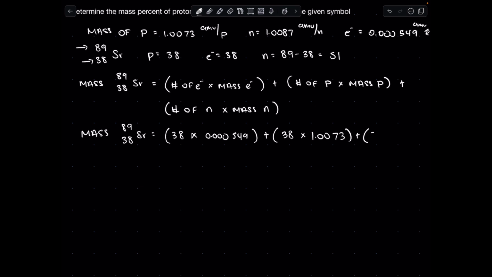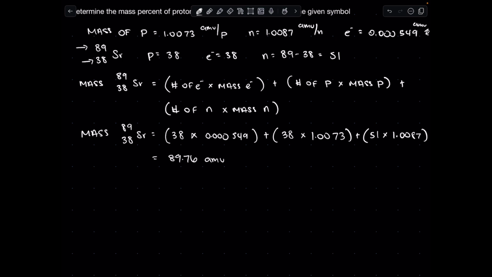We determined that was 51 neutrons, times 1.0087. So we multiply those together and add them up. This is going to come out to 89.76 AMU.